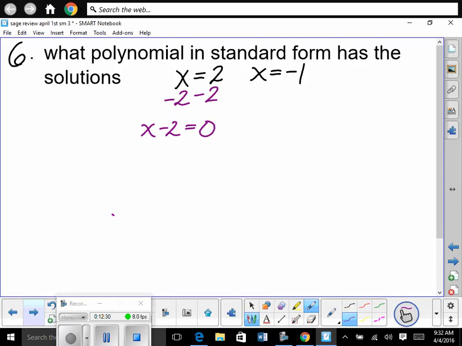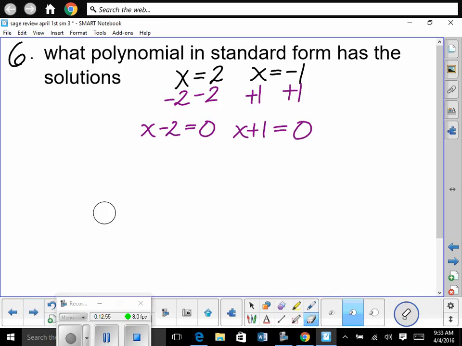Yes or no? Because I can explain further. We all understand that if x is equal to 2 was our solution, x minus 2 must have been our linear factor, meaning degree 1 factor, okay? So then, if x equals negative 1, then the linear factor that gave us that answer must have been x plus 1 is equal to 0. Once again, does everybody understand why x plus 1 would give us the solution x is equal to negative 1?